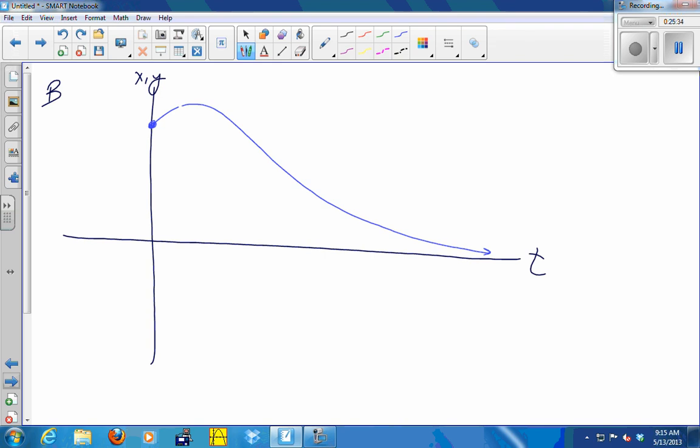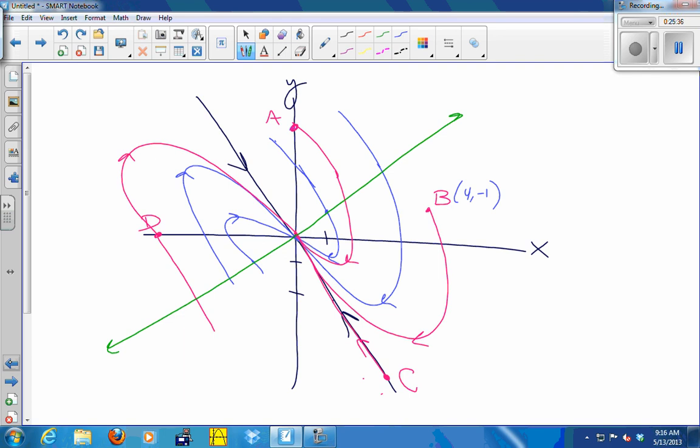Okay, and then y of t. For B, what happens to the y-coordinate? It starts at -1. Oh, did I plot B wrong? I did. It's 4, 1. So B's y-coordinate starts at 1. Then what happens to its y-coordinates?